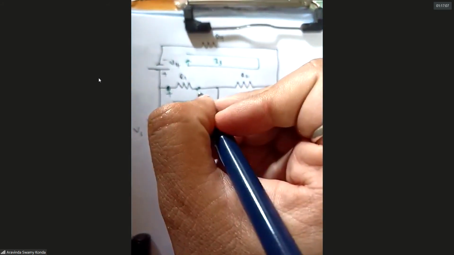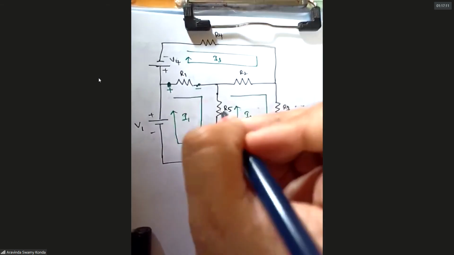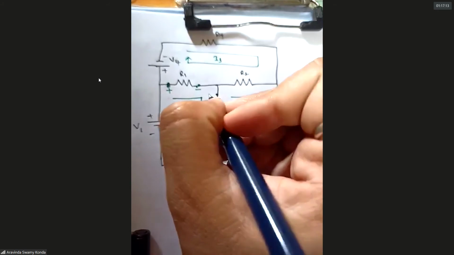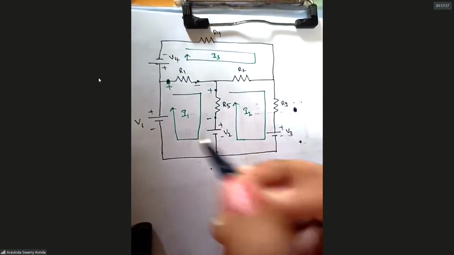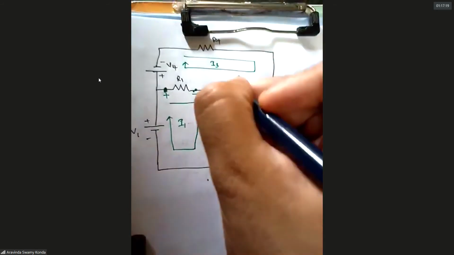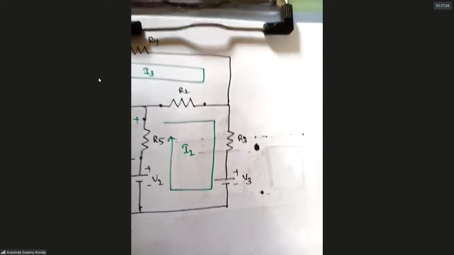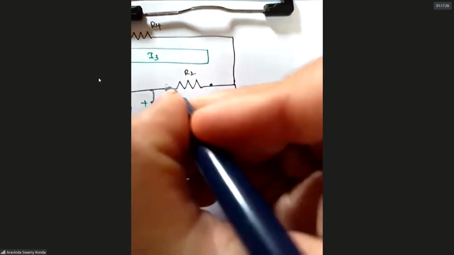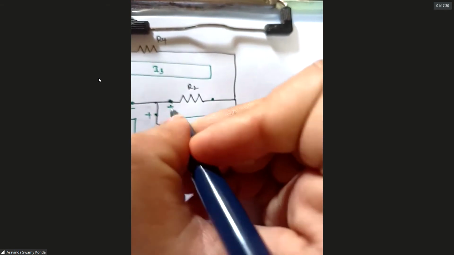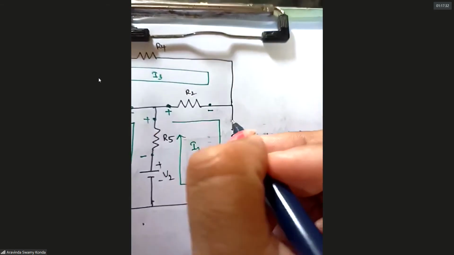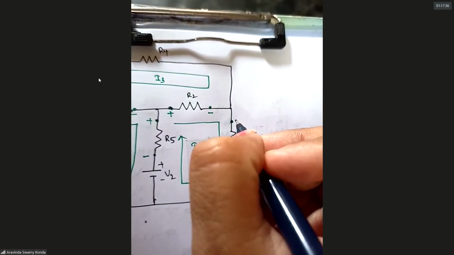For this, minus, sir. For this, plus, sir. Already plus minus is given for this as well. And next, for the second mesh, what is the sign for this? Plus, sir. Here minus. Here plus.